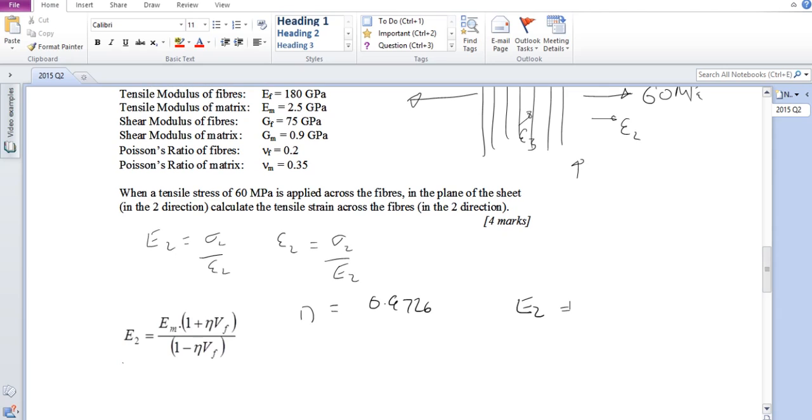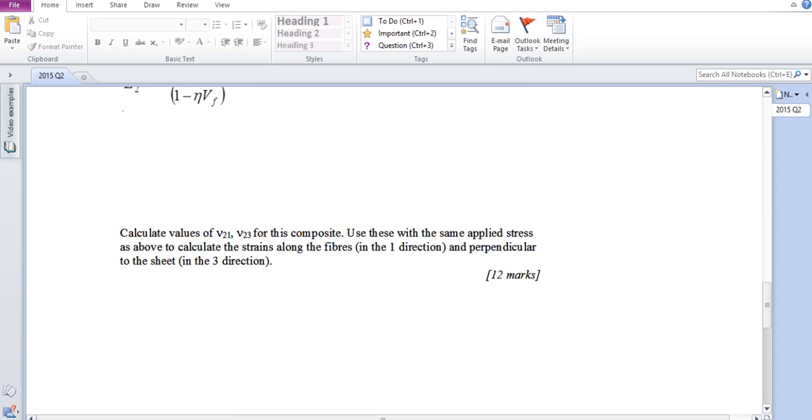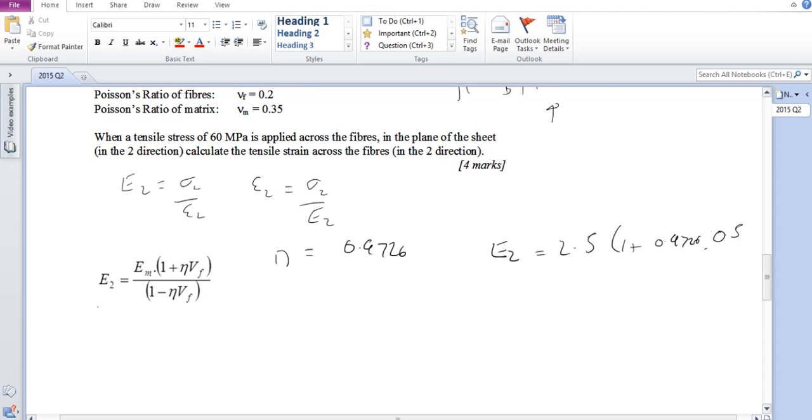the tensile modulus of the matrix, which is 2.5 gigapascals. So that's equal to 2.5 times 1 plus 0.9726 times the volume fraction of the fibres, which is 0.5, times 0.5, divided by 1 minus that.